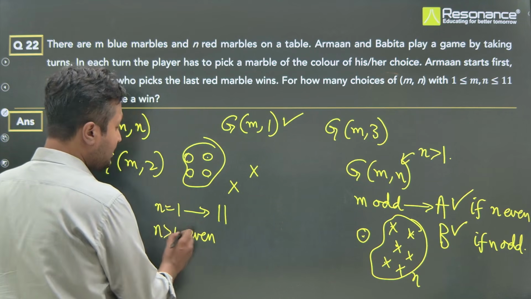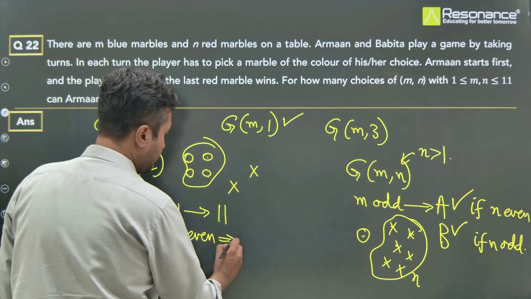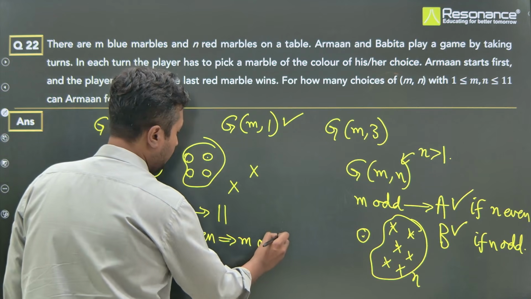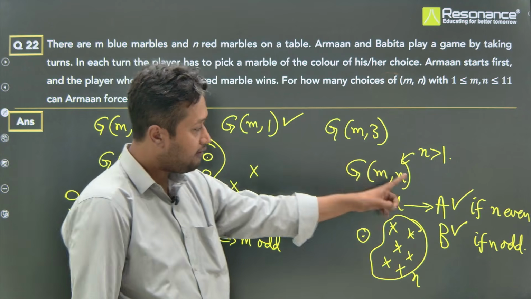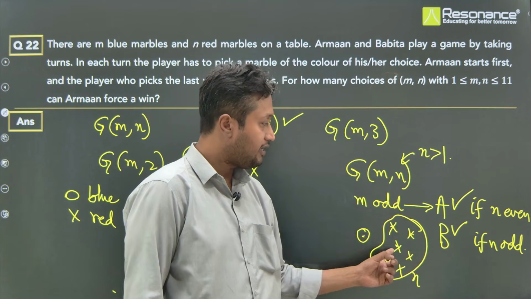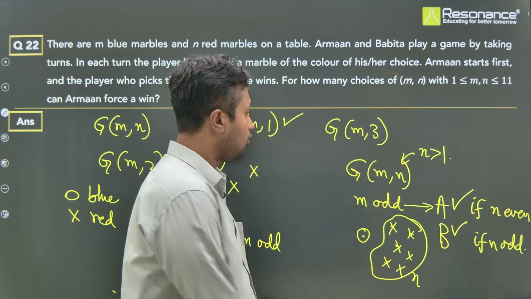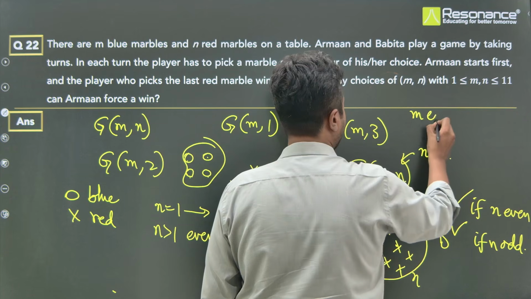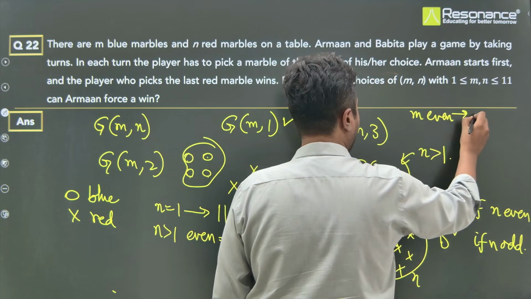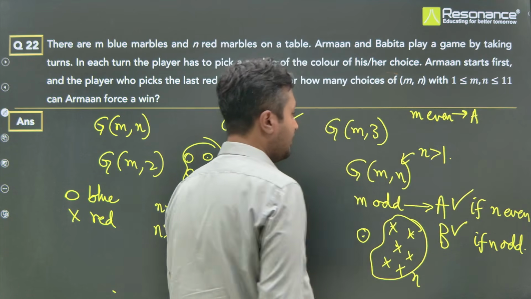So if n is even, then m must be odd. Or else, if m is even, then Babita can force a win. And in fact, I should probably write one more thing over here, which is: if m is even, then, well, if n is even, what happens?